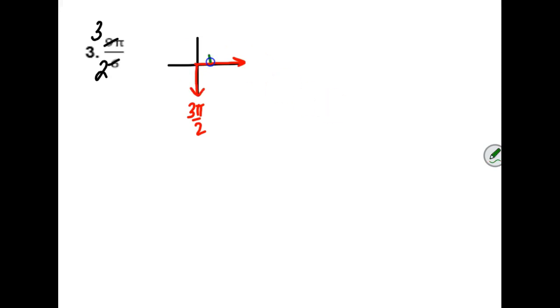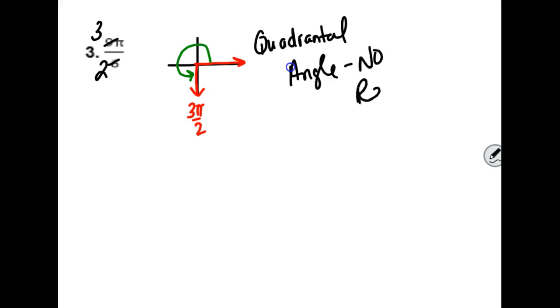And it opened positively, so your directional arrow looks like that. And then, because it's a quadrantal, there's no reference angle. Okay? Quadrantals are special, so you don't have to worry about reference angles on those.